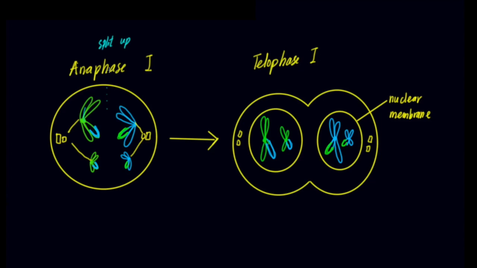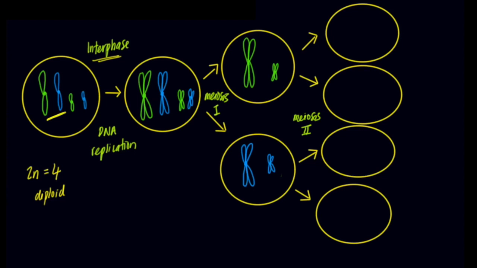After anaphase, they finally manage to split them up. You have to quickly envelope them in the nuclear membrane. So telophase is always forming the new nuclear membrane. As a summary, let's look at the end of meiosis 1.